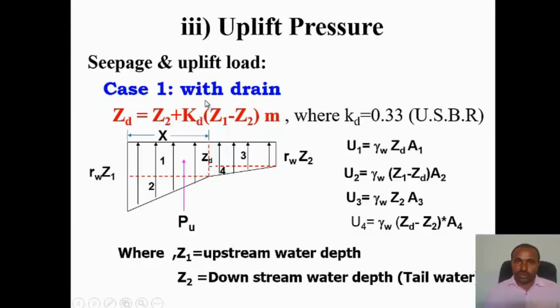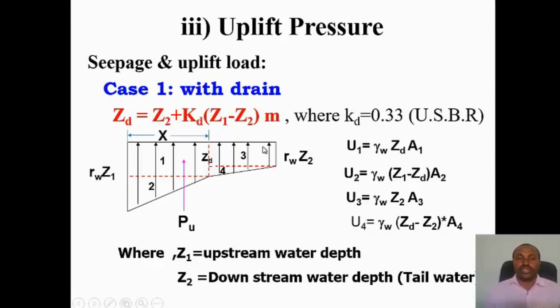You can install tensiometer, piezometer, and temperature instruments, etc. So drainage gallery has an important advantage in a concrete gravity dam in reducing uplift pressure. But if you don't have the drainage gallery, then the uplift pressure may be full. We will see in the next case.